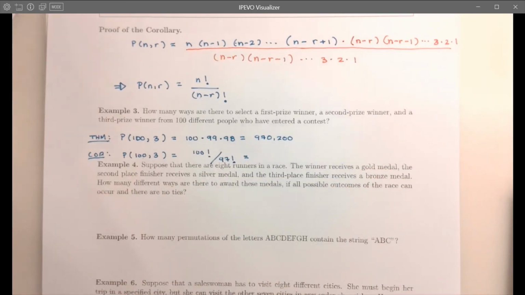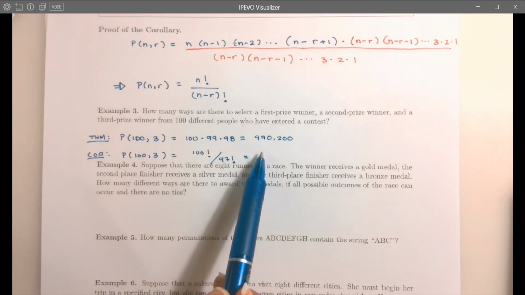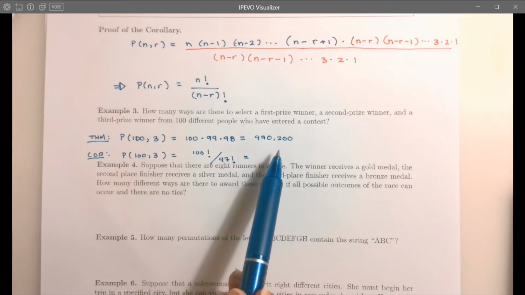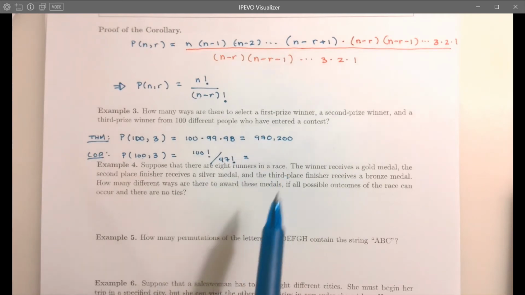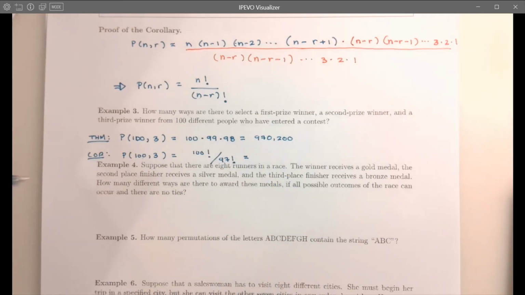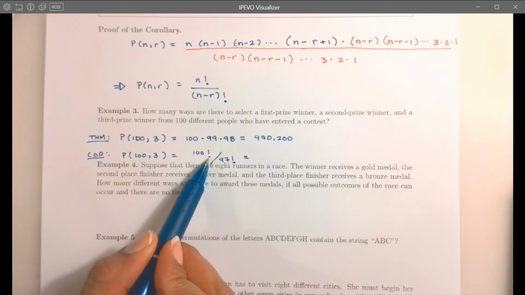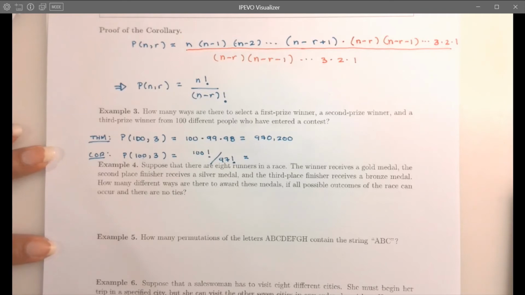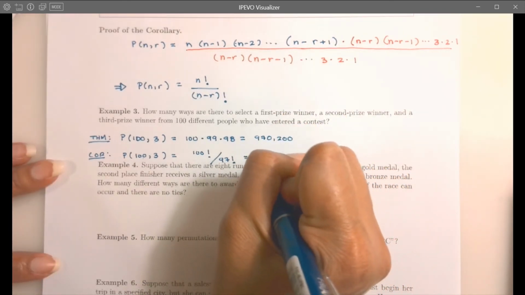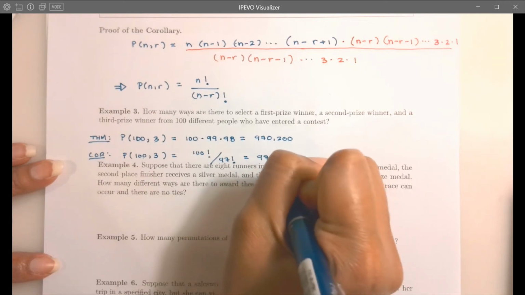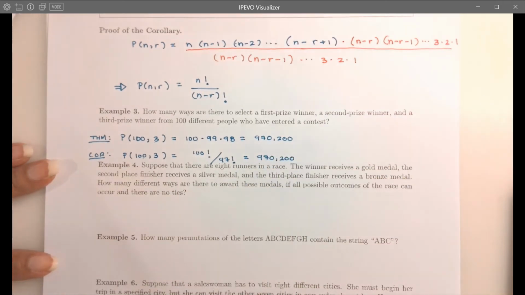So essentially you're going to end up with 100 times 99 times 98, and everything else, 97 through 1, is going to cancel out with the denominator. But if you want to punch it into your calculator, you can do so. The factorial is in most calculators. So once you've calculated that, you'll see that it's 970,200.